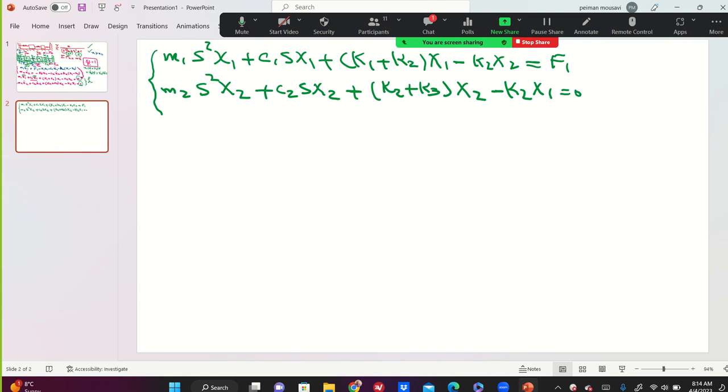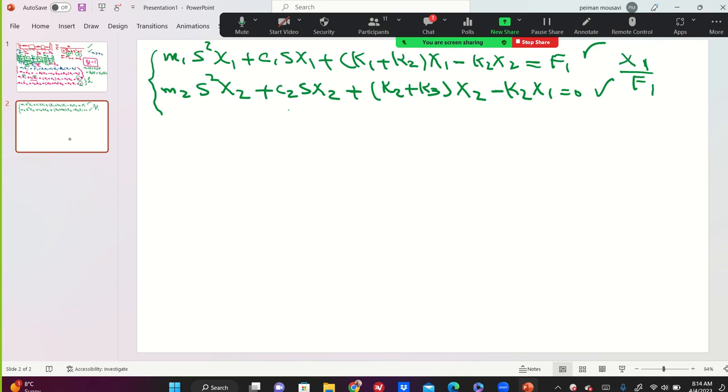What I'm gonna find is this transfer function, x1 over f1. So it's enough that I find x2 from this equation and implement it here.